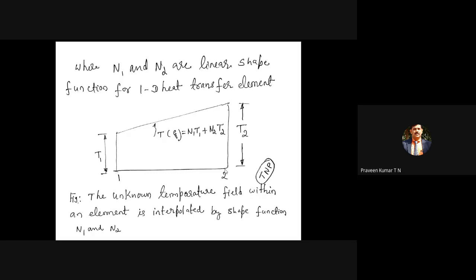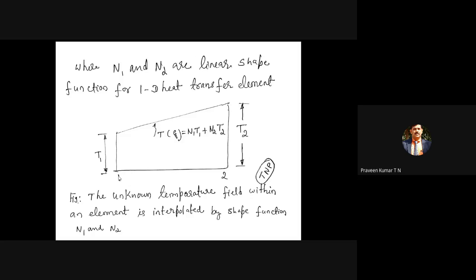From 1 to 2, imagine we have around 2 to 3 centimeter. Suppose we want the temperature at xi is equal to 0, exactly at midpoint. If you draw one vertical line, it will intersect this line. This line is expressed in terms of N1 T1 plus N2 T2. So at that point, we can find out the temperature.